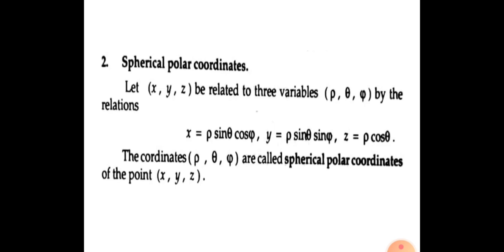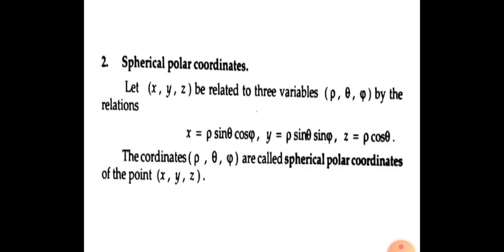Differentiating partially with respect to rho, we get sin theta cos phi. With respect to theta, rho cos theta cos phi. Similarly, dou x by dou phi is rho sin theta times the derivative of cos phi, which is minus sin phi, so minus rho sin theta sin phi.